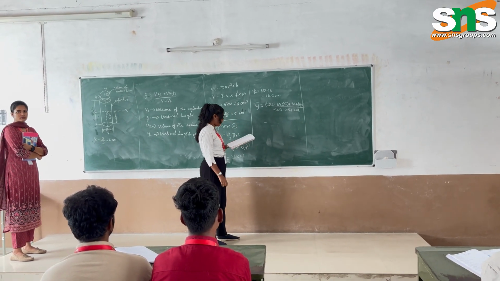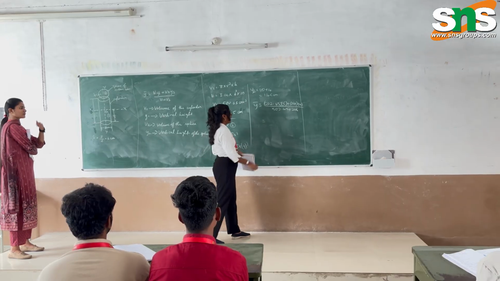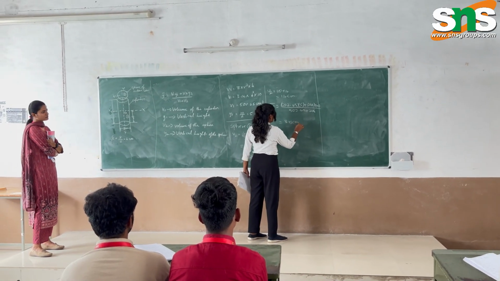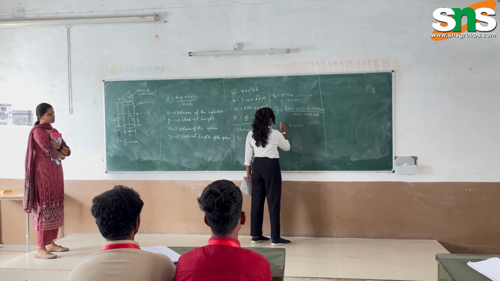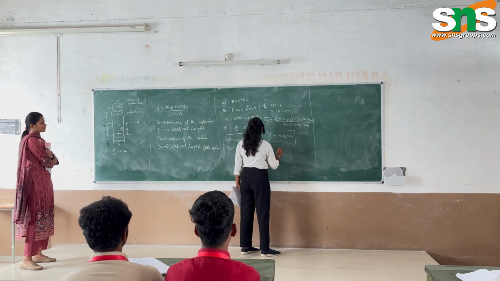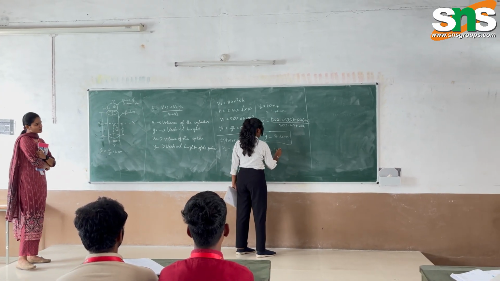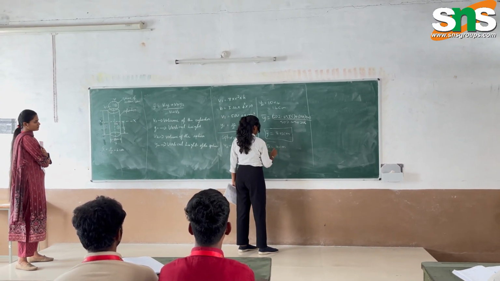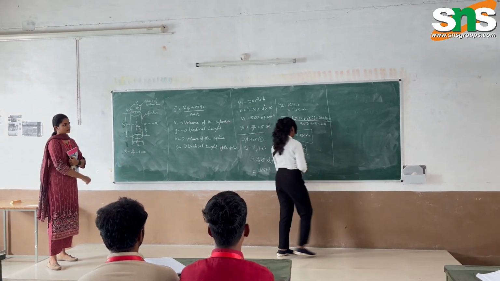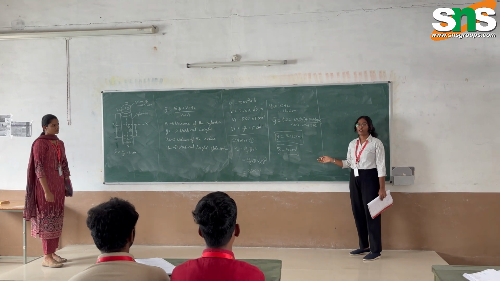When you calculate, the final answer is 8.13 centimeters. Therefore this is the value of y bar, and x bar is 5. This is the final answer of this particular question.